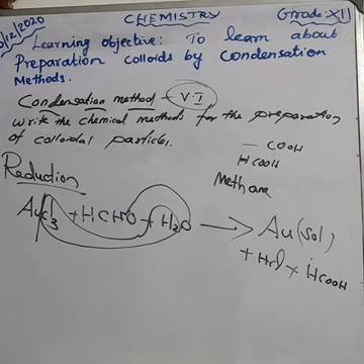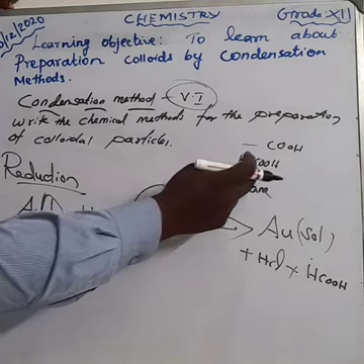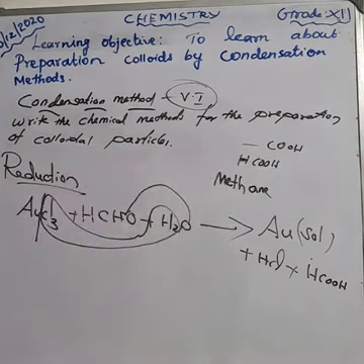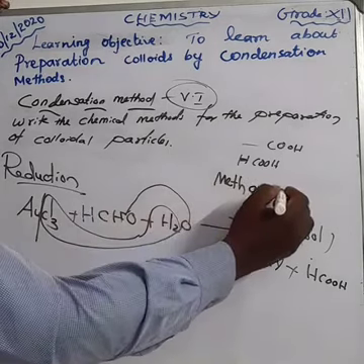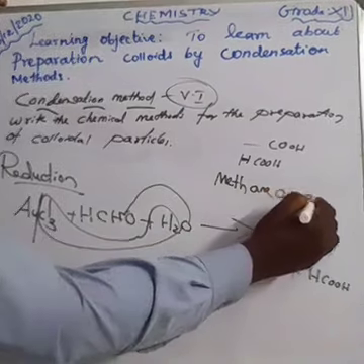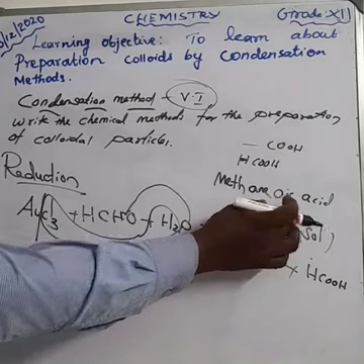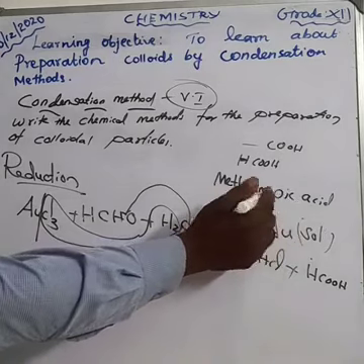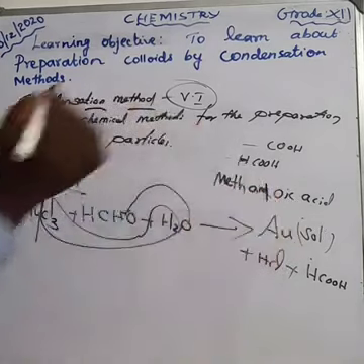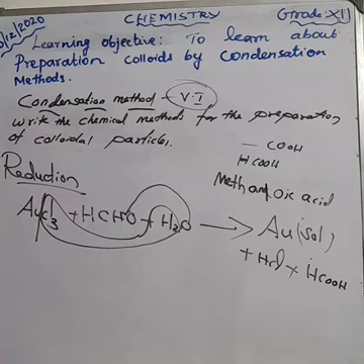And about COOH, if COOH comes, you should add oic acid. When we are adding oic, the e is dropped. So what's the name of the compound?